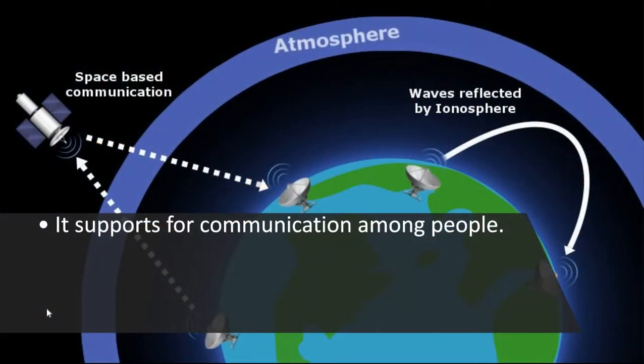Next up, we must understand that the atmosphere helps with communication among people. So we have a layer called the ionosphere. We didn't talk about this, but just remember there is a part called the ionosphere. And nowadays we can communicate with various people through a certain type of waves called electromagnetic waves.